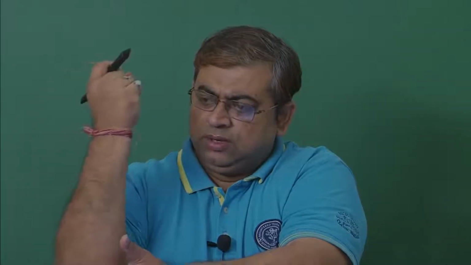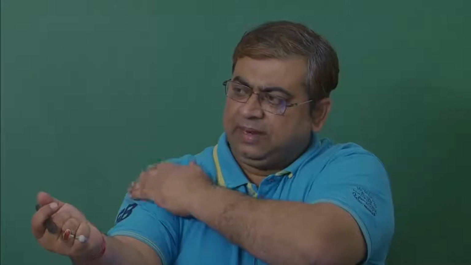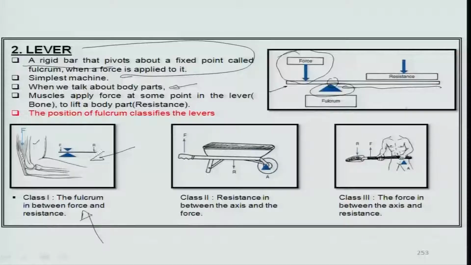So if this is the fulcrum point, I could generate a load about the fulcrum point with a greater arm, able to lift a load which is probably higher in comparison to the muscular force that the upper arm is giving onto the fulcrum. So this is in a way a lever of the first principles. It is a class 1.